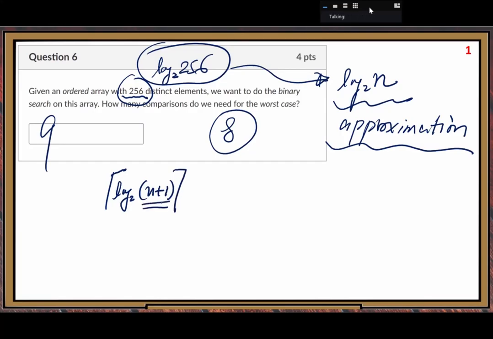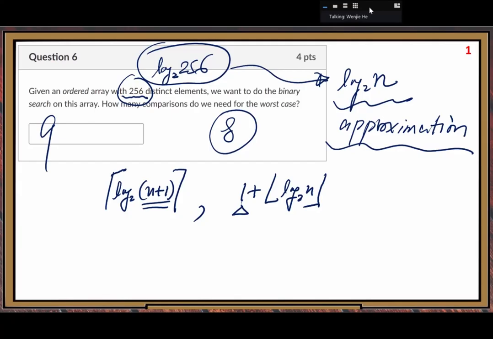N plus 1, not n. All right? And the ceiling function. And another equivalent, same value, but it is 1 plus floor function, log base 2 of n. Floor function, but you need to add 1 more. So that way, that's the exact.